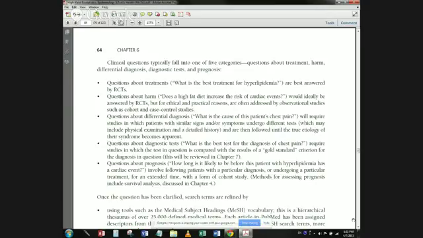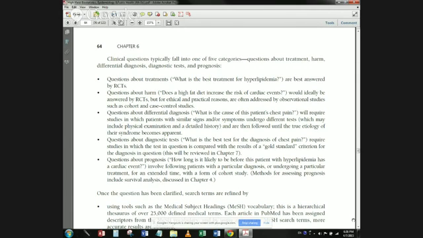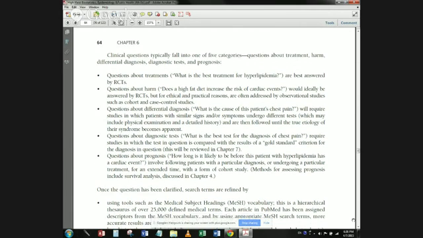Questions about prognosis. How long is it likely to be before this patient with hyperlipidemia has a cardiac event? These questions involve following patients with a particular diagnosis or undergoing a particular treatment for an extended time with a form of cohort studies. Once the question has been clarified, search terms are defined by using tools such as medical subject headings vocabulary.